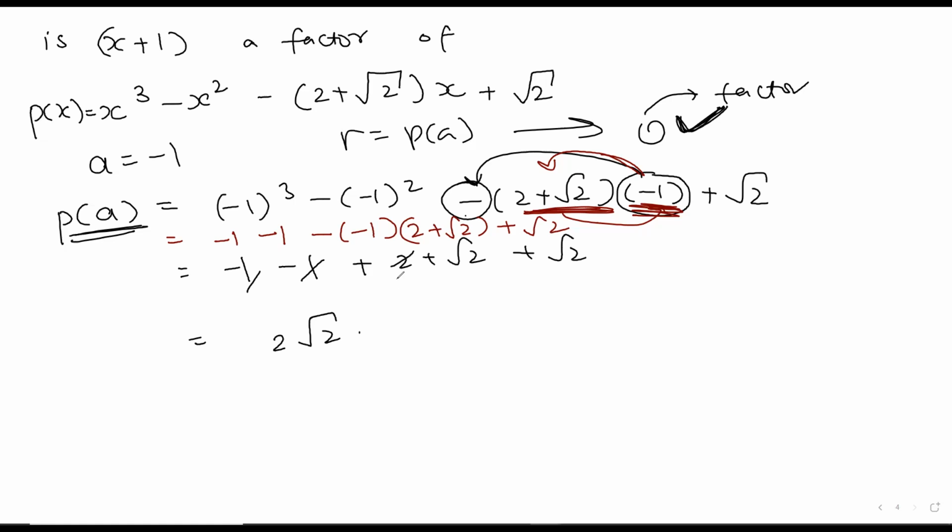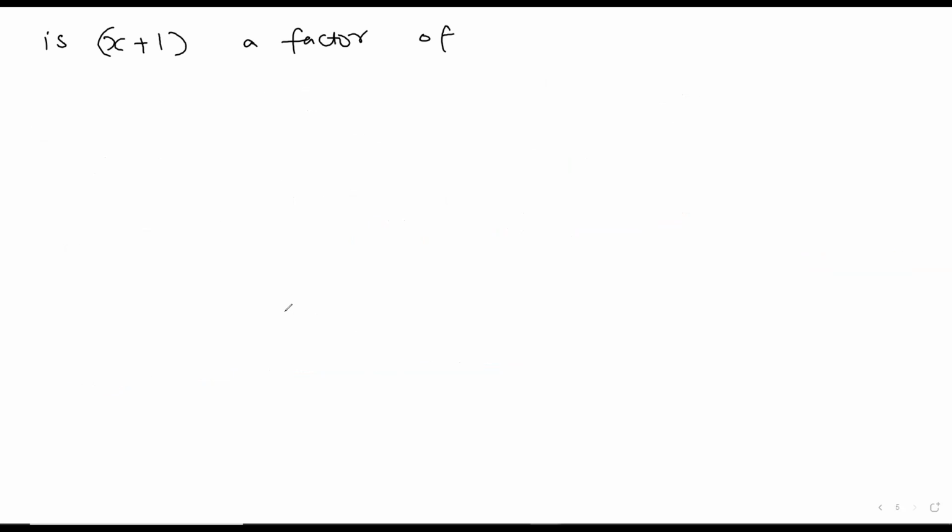Ma'am, x plus 1 is not a factor of this polynomial. Very good. Okay, excellent. So x plus 1 is not a factor. Let's move on to the next one. So you have to find k.